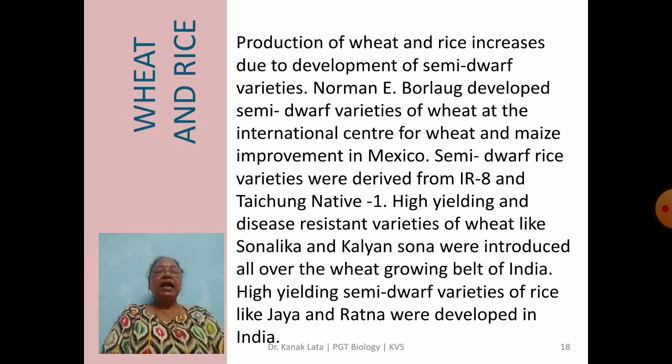High yielding and disease resistant varieties of wheat like Sonalika and Kalyan were released all over the wheat growing belt of India. And high yielding semi-dwarf varieties of rice like Jaya and Ratna were also developed in India. So these are some disease resistant, good varieties of wheat and rice.